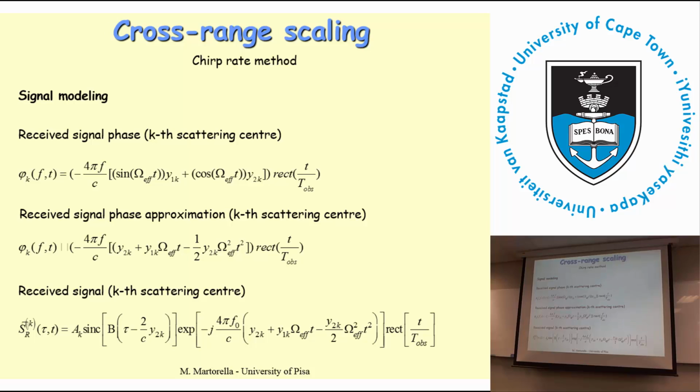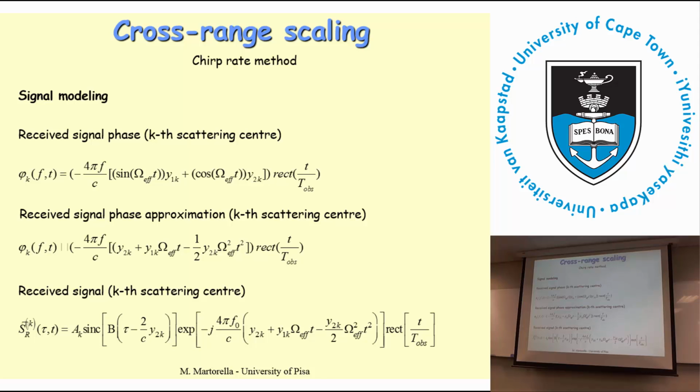So the total signal as R of tau and T will be the sum from K that goes from 0 to, I don't know, capital K of S_R_K of tau and T, right? So I'm only considering one component of that signal.